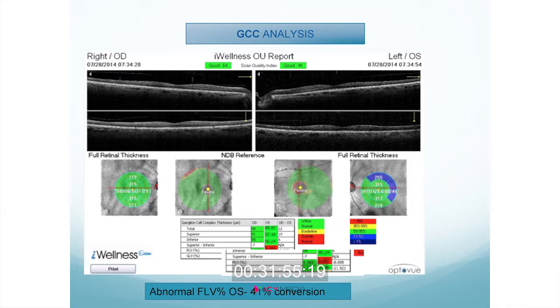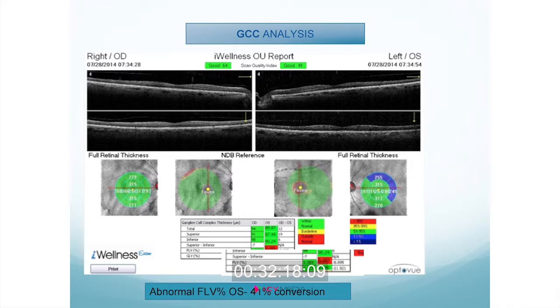So recall, in a patient that does not have glaucoma, get this number in your head. If the FLV is abnormal, there's a 41% chance of conversion. Okay? So this map, before we even do anything on the patient, has given us some excellent information about the prognosis or the risk factors involved here in this patient converting to glaucoma.